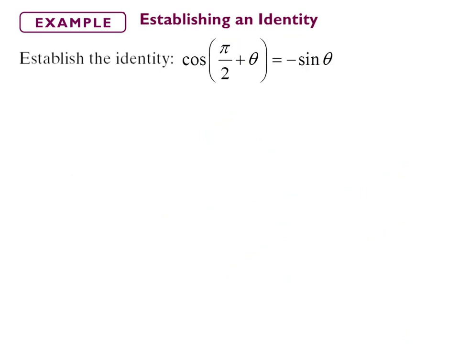So these are just identities. Again, this identity, because it's something plus something, we have to use our formula. So this would be cosine pi over 2 cosine theta minus sine pi over 2 sine theta, right?